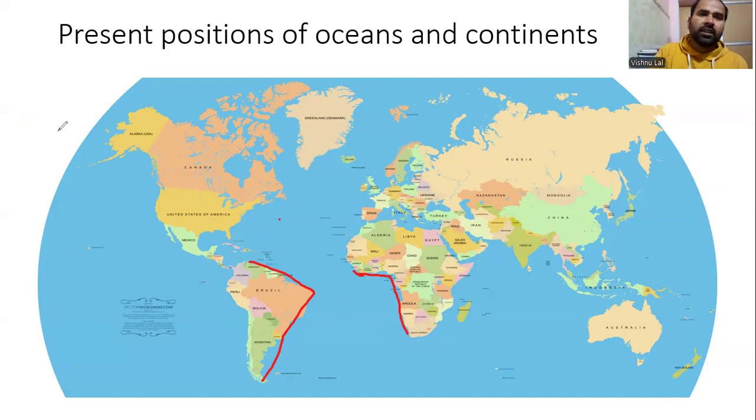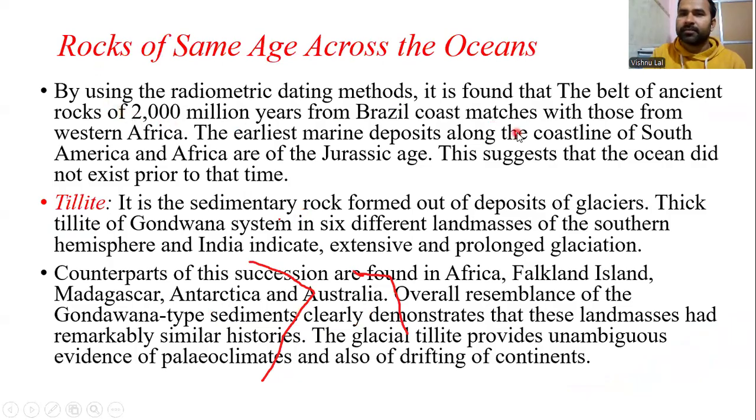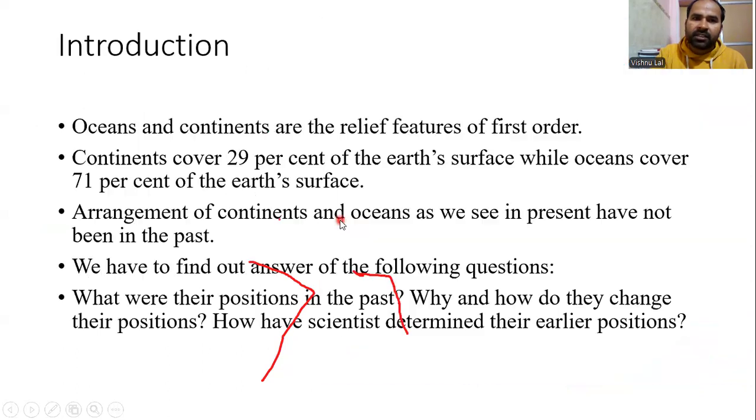So whatever age of rock is in this area, the same rock is in that area. We can see the belt of ancient rock of 2000 million years from the Brazil coast matches with those from Western Africa.